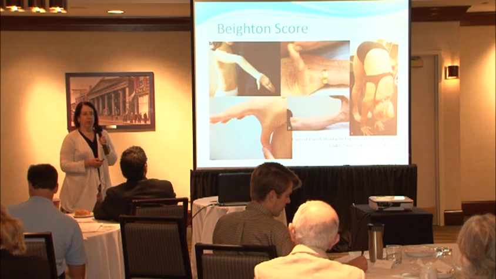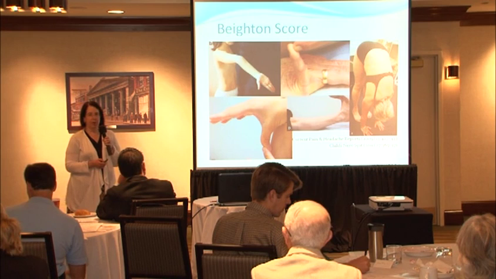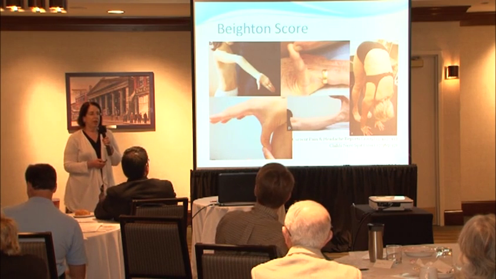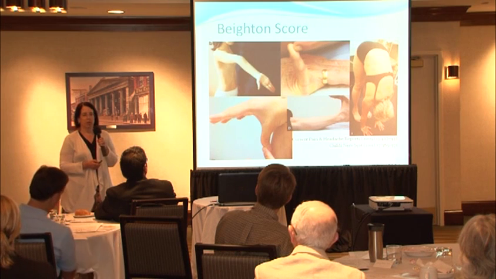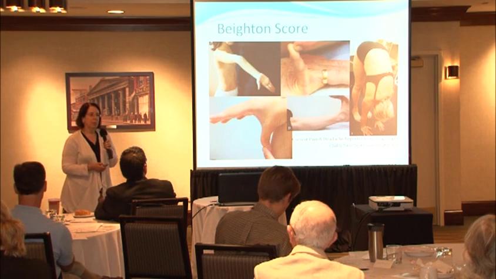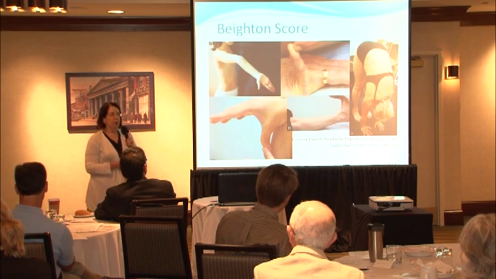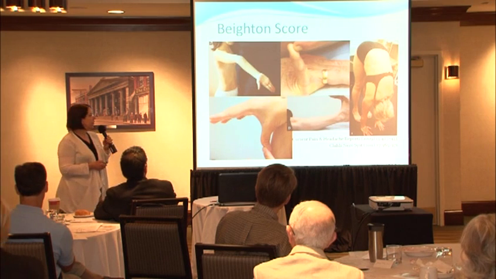But the truth is, what we've come to realize over the last, I would say, maybe 5 to 10 years, is that Ehlers-Danlos Syndrome is very, very much more than this. And there are many children and adults who are suffering from complications that involve multiple organ systems that have absolutely nothing to do with the joints.